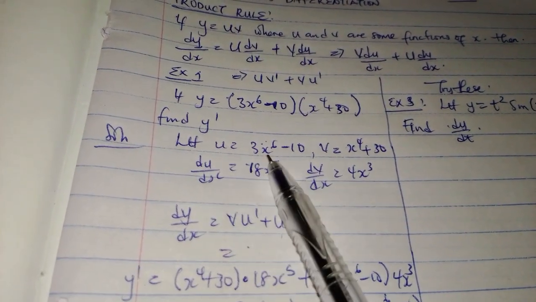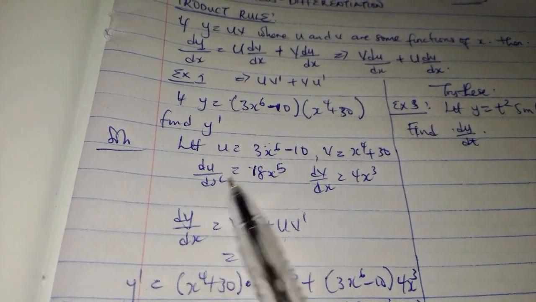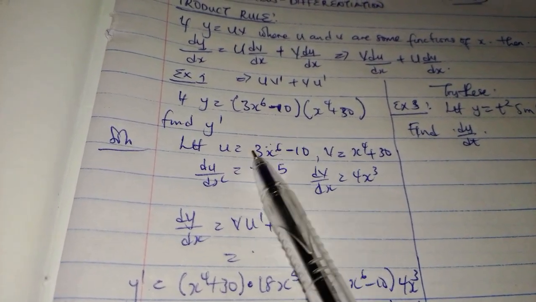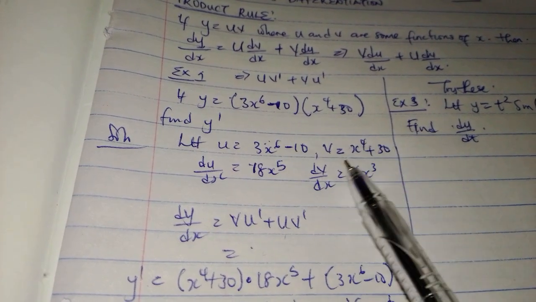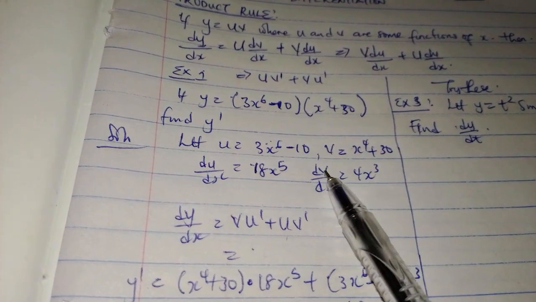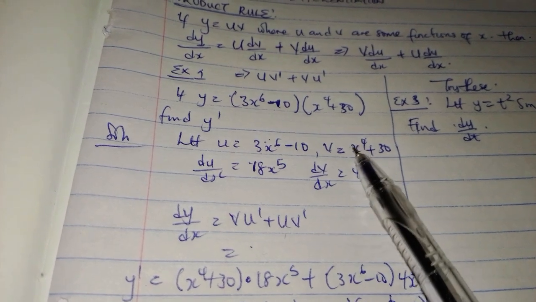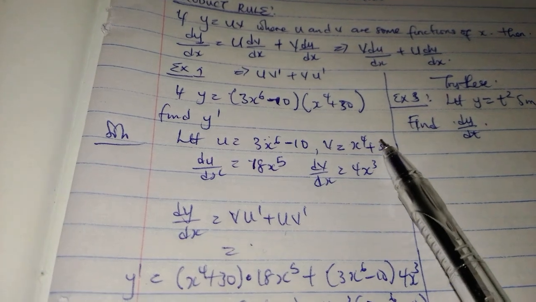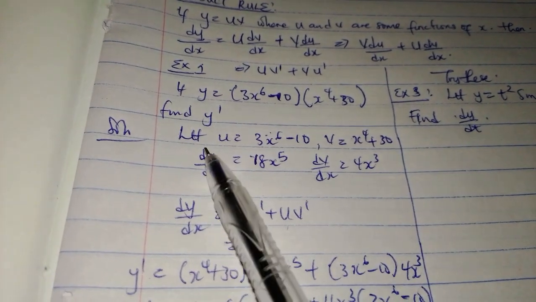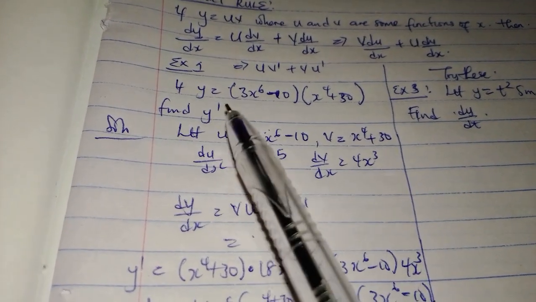We can differentiate to get du/dx: differentiation of this one gives 6 times 3, 18, x raised to the power 5, and this one gives 0. Differentiation of this, dv/dx, gives 4 x raised to the power 3, and the other gives 0. So we have u, v, du/dx and dv/dx.